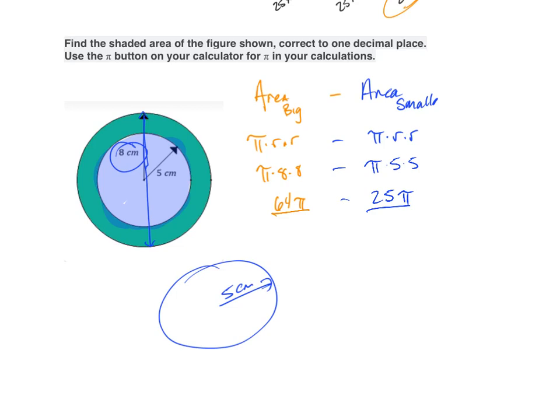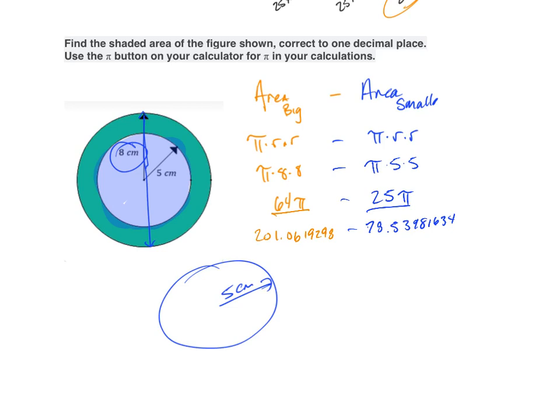So I put 64 times pi, which gives me 201.0619298, minus 25 times pi. So I just put 25 times, hit the pi button, hit enter, and that says 78.53981634. Now, we've been rounding, right?